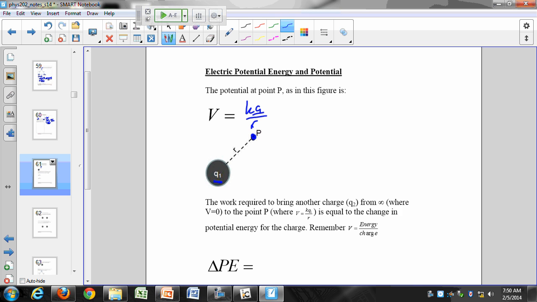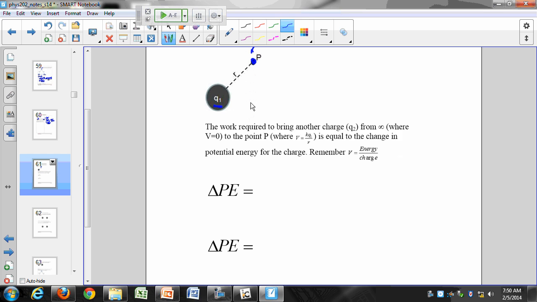All right, so if I remember that our voltage is just energy per charge, so if I want to find the potential energy, it's just going to be Q times V. So if I'm bringing a second charge, Q2, from an infinite distance away, and I want to find the change in potential energy for that charge, it's just going to be Q times V. And you want to be careful because this is going to be Q2 times V1.